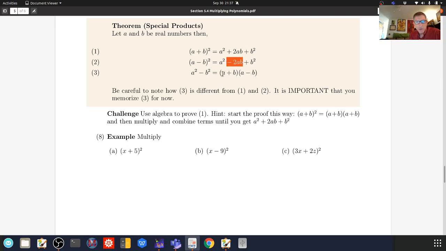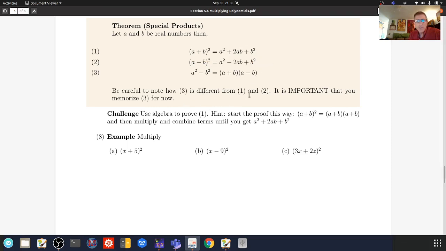So they're a and b, with one of the terms being added and the other being subtracted. This one is really important. This one's harder to get on your own. These, you could figure out either one of them by writing a plus b squared is a plus b times a plus b, but these are really time-saving formulas.